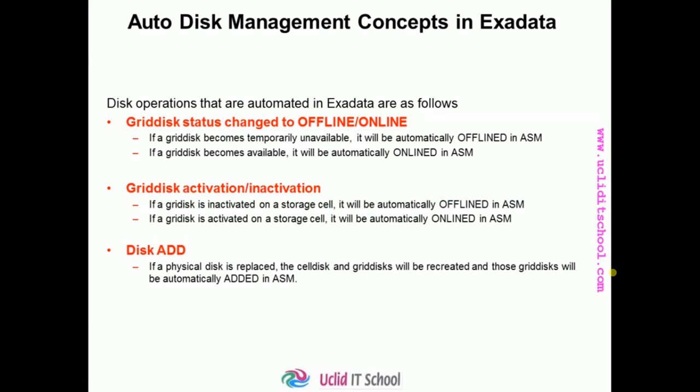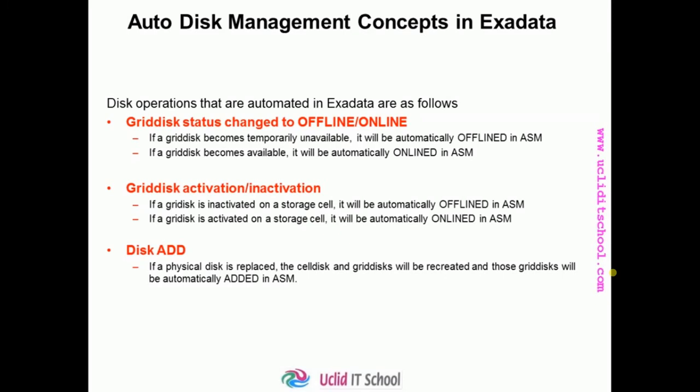Now, whenever a grid disk status is changed to offline, the corresponding ASM disk is taken offline inside ASM. At the storage level, if you offline a grid disk, at the ASM level that ASM disk is automatically offlined by ASM.